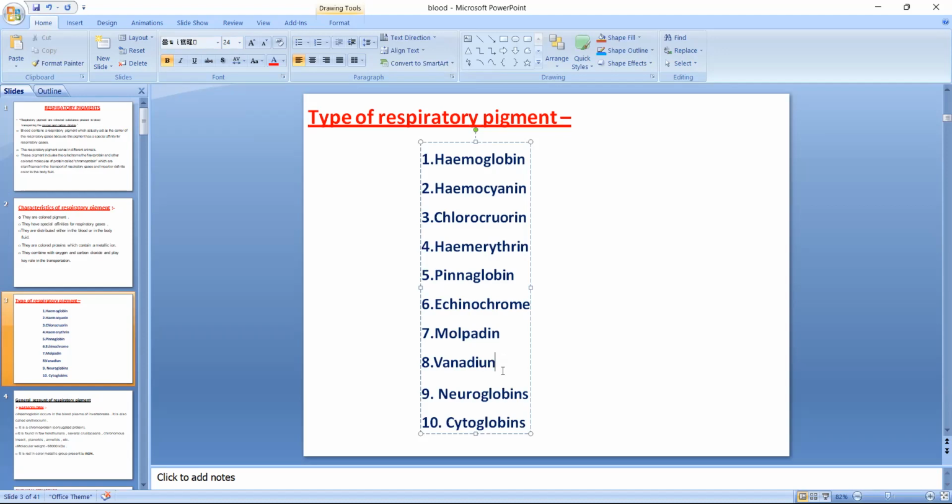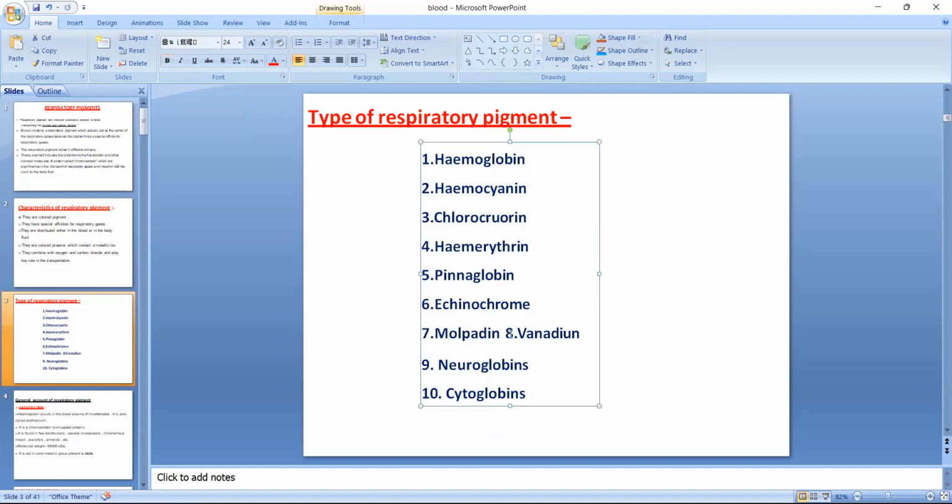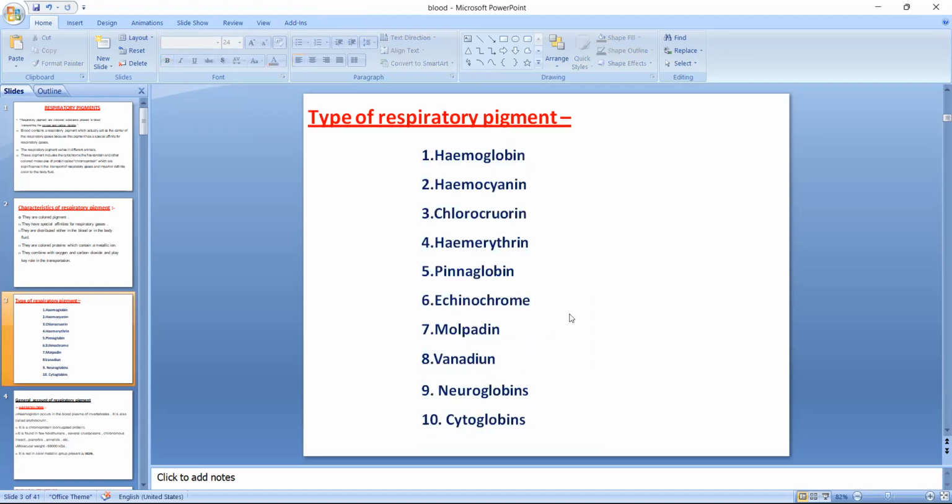Vanadium is a metal ion. Also neuroglobins and cytoglobins. Anyway, here you remember name and example, and the metal ion if present, and the color also. We should concentrate on these things.